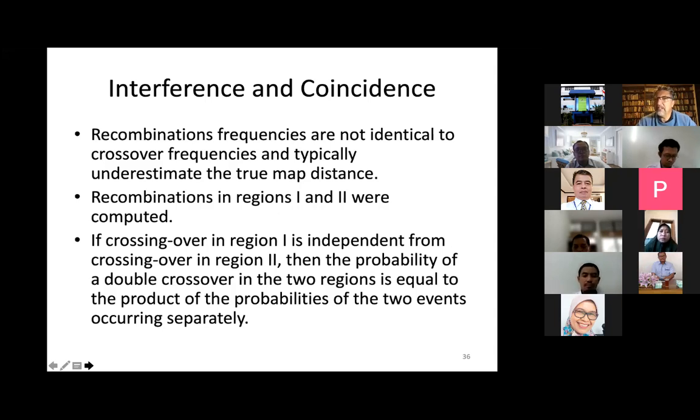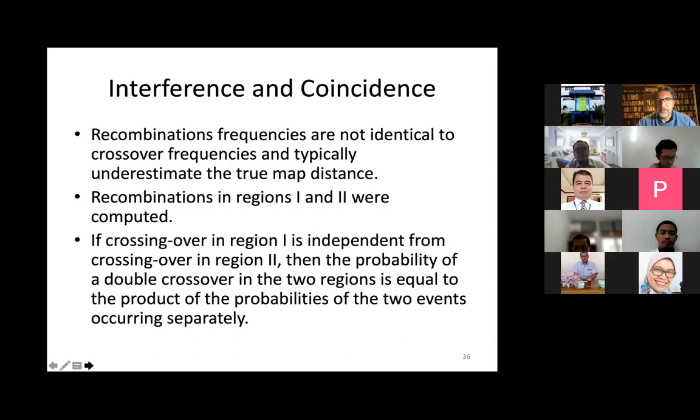So that's a waste of energy. So the cell will have mechanisms that prevent 2 crossing overs to occur very close to each other, because one will undo the job of the other one. Okay.